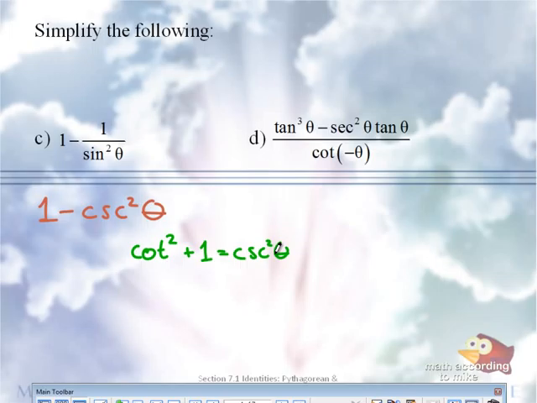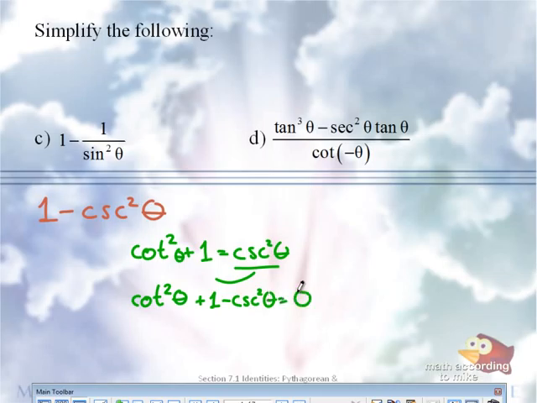So let's manipulate this to actually get 1 minus cosecant squared. So what would you do to this algebraic to get 1 minus cosecant squared on one side? Yeah. You'd have to bring this over by subtraction. It's bad of me not to put theta there, I apologize. So there'll be 0 left over.